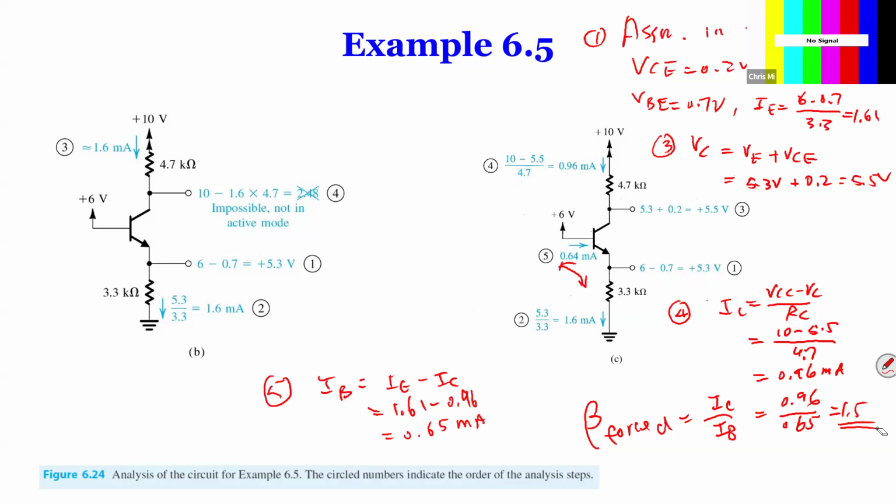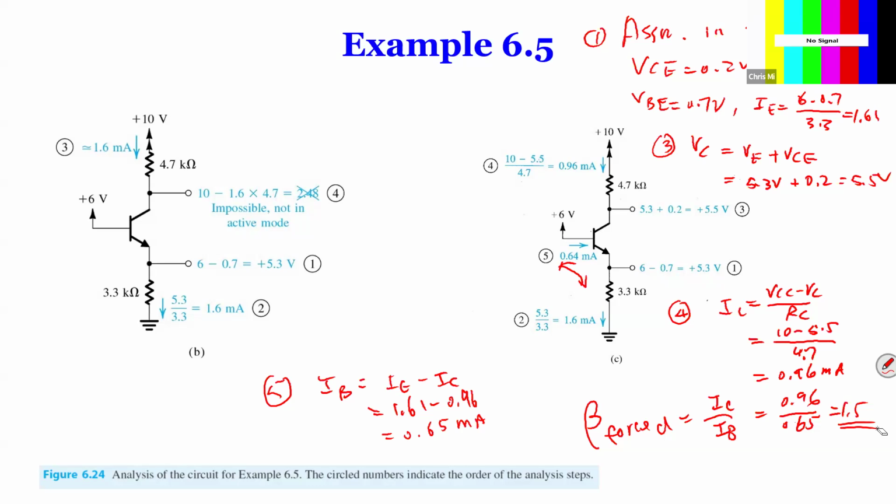So that's what I mentioned earlier: you can assume one mode, but you have to verify. If you forget to verify, like in the previous step, you just say, oh, I got VB is 5.3 and VC is 2.5, everything looks good.